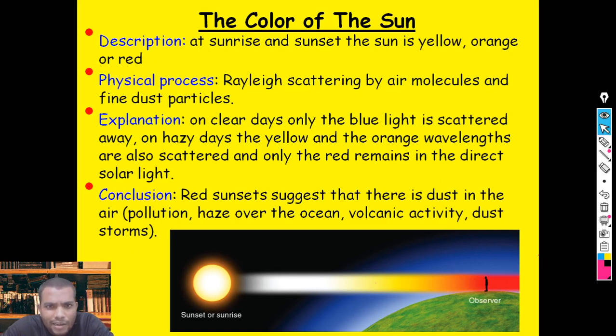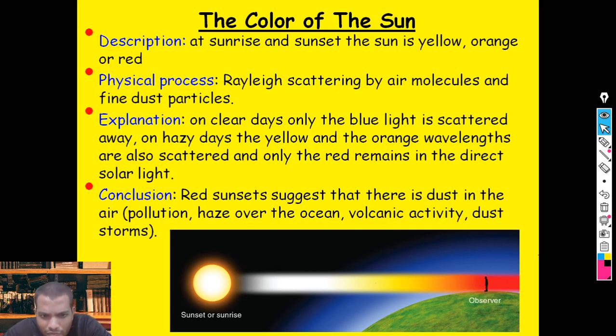On clear days, only the blue light is scattered away. But on hazy days, the yellow and the orange wavelengths are also scattered, and only the red remains in the direct sunlight.